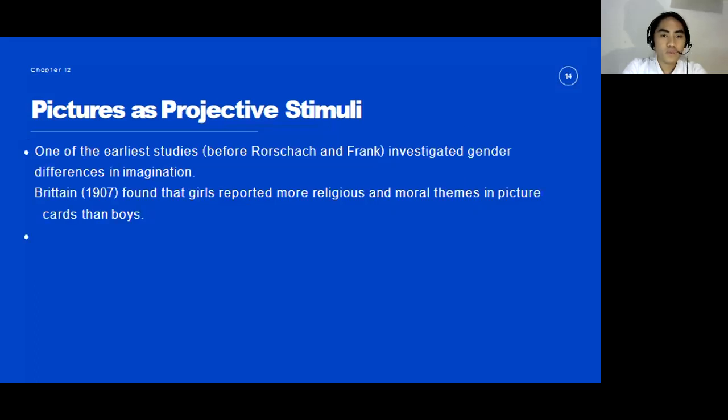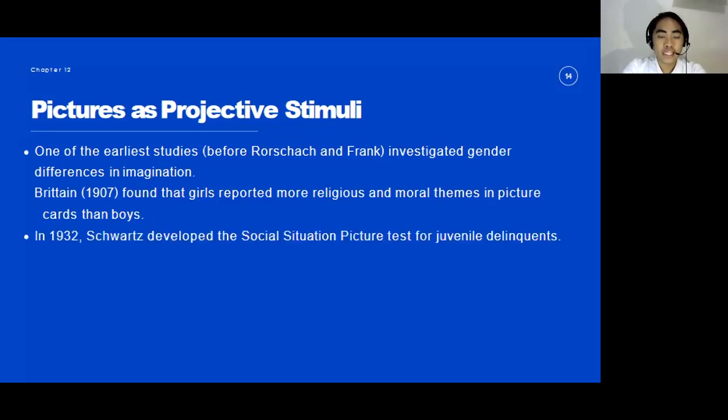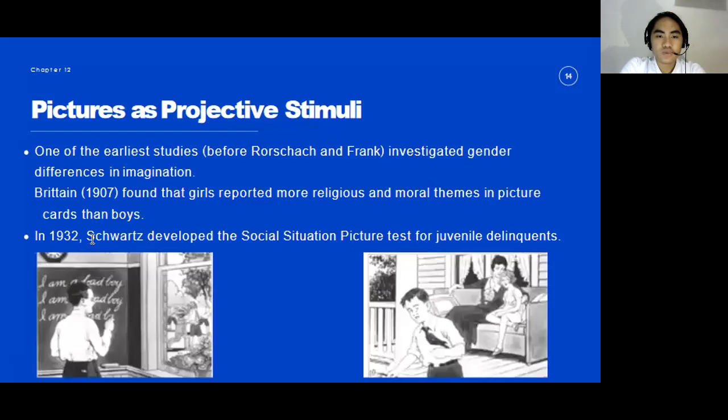So, one of the earliest studies, before Rorschach and Frank, investigated gender differences in imagination. Britain in 1907 found that girls reported more religious and moral themes in picture cards than boys. And in 1932, Swartz developed the Social Situation Picture Test for juvenile delinquents. This is really dated stimuli, as you'll pick up in a moment, like this one.